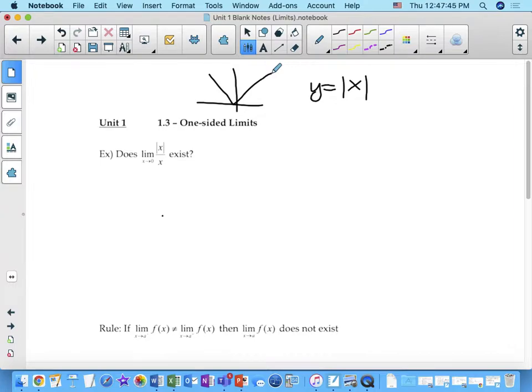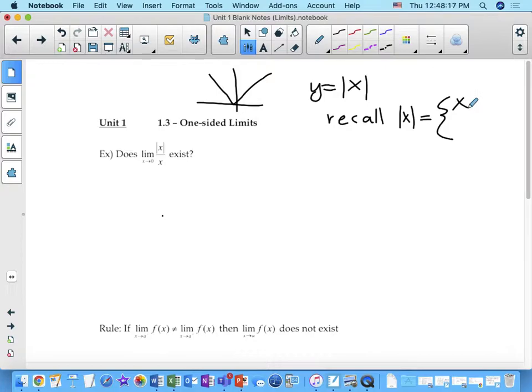But you have to remember that the absolute value of x equals one of two things. It either equals x, right? So the absolute value of 3 is what? 3. So if x is positive, the absolute value of x is just equal to x.